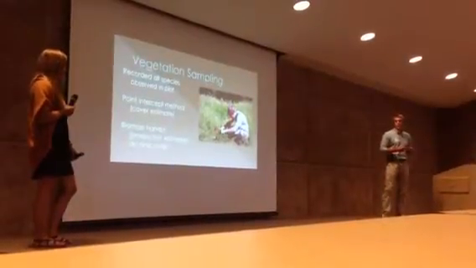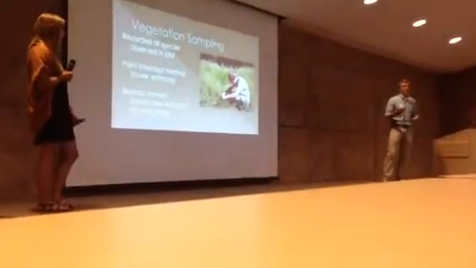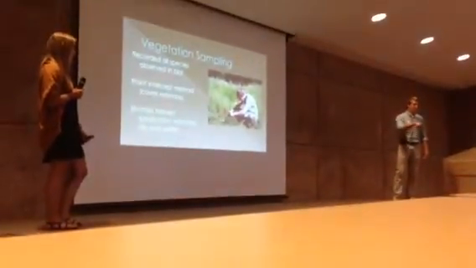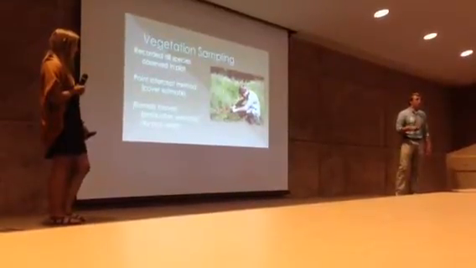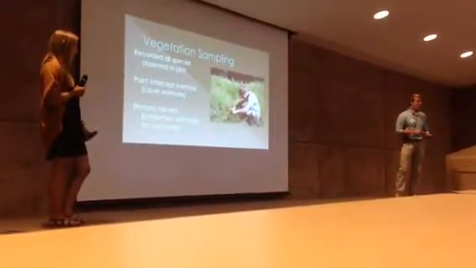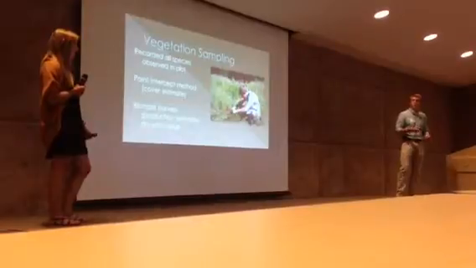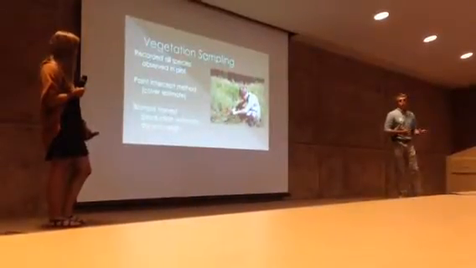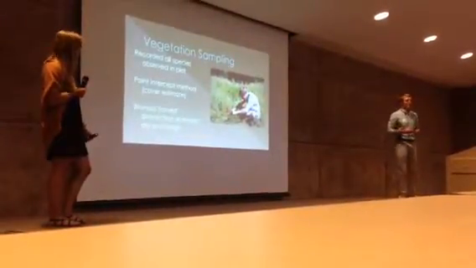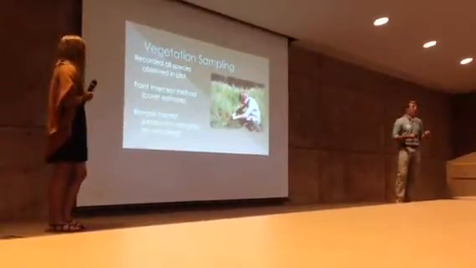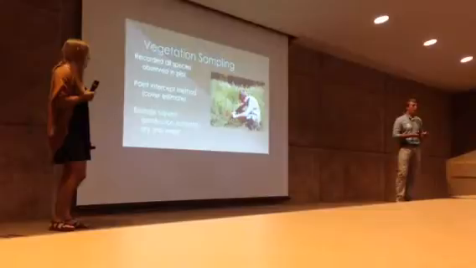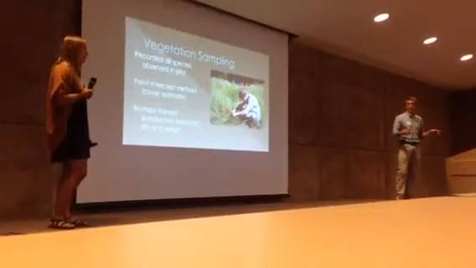From there, we move on to our cover estimates, which we do using the point intercept method, which involves taking a pin and dropping it 54 times in a grid in each plot, and then recording each species that the pin touches after each drop. Finally, we move on to biomass harvest, which involves taking a 10 centimeter strip of every plot, harvesting, drying, and weighing all the plants that we find in that 10 centimeter strip.